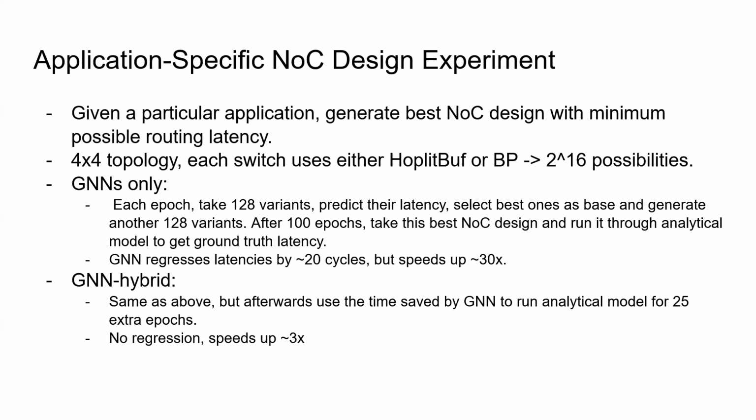In terms of result, what they did after is note that the best way is to use the GNN, but with the time you save, you still run the analytical model near the end.